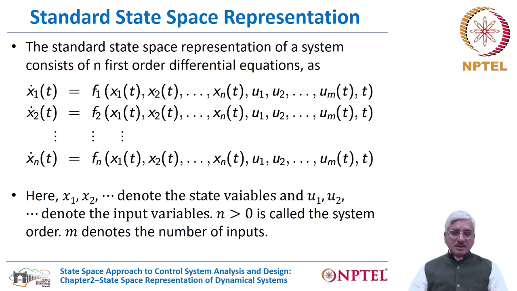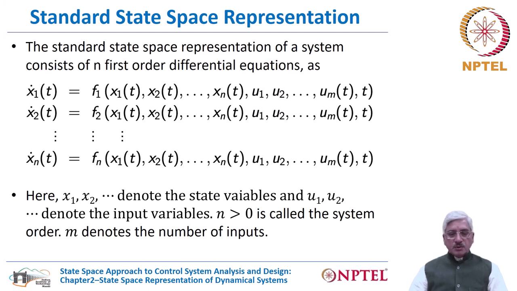I repeat that in this, on the left hand side we have the time derivatives of the quantities x1, x2 etc., and on the right hand side we have functions in which the arguments are these quantities x1, x2 etc. and the inputs, and in addition to them the time. These quantities x1, x2 etc. represent the state variables.